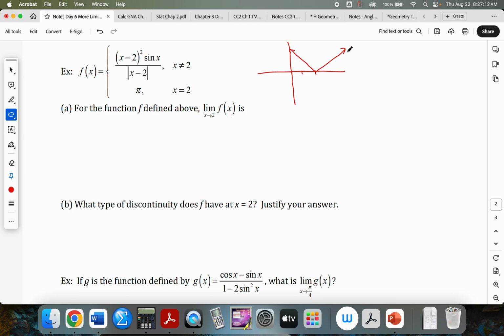So to the right of 2, this is just the line y equals x minus 2. To the left, it's the opposite of that. It's negative x plus 2.